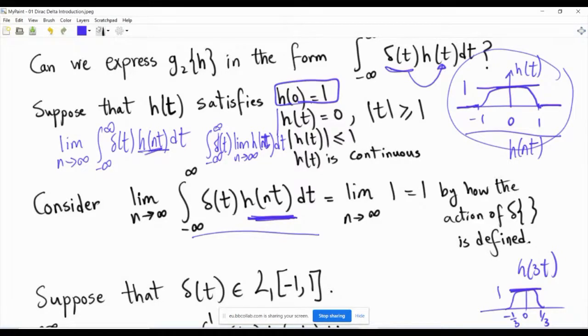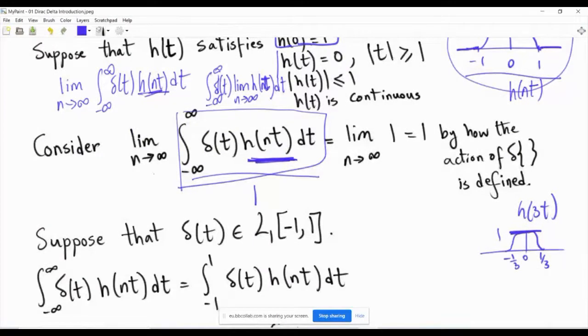H of 0 is always equal to 1. So by how the action of delta of t is defined or is desired, this integral is always equal to 1. And the limit that we have is the limit of a sequence of ones, a constant sequence. So the limit exists and is equal to 1.